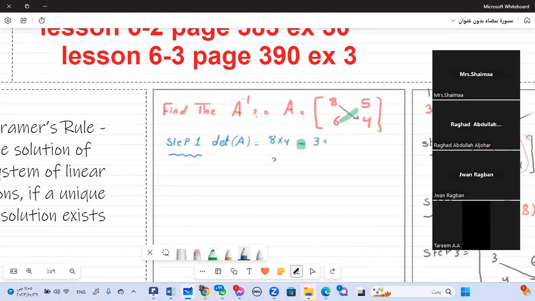So it will be 32 minus 30, and the answer is 2. This is the first step to find the inverse of the matrix: find the determinant. The determinant here is 2, not equal to 0, so you can complete step number 2.